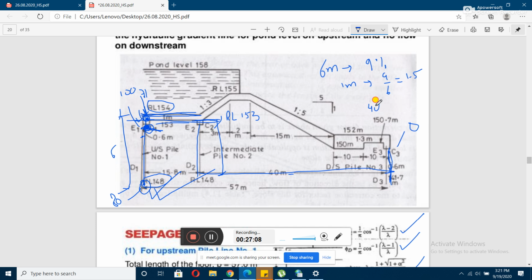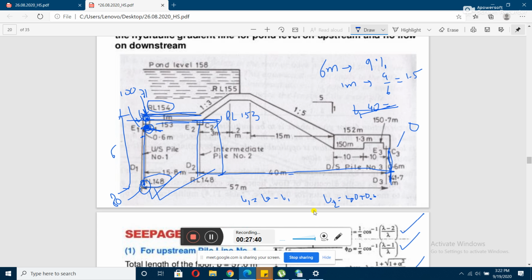B1 equal to 40 plus 0.6. This is not B1, this is B2. So B2 equal to 40 plus 0.6, or B2 can also be written as the total floor length, represented by small b, 57, minus your B1.